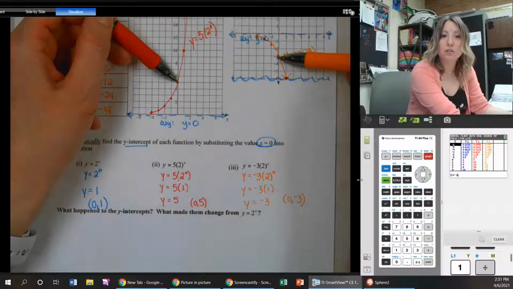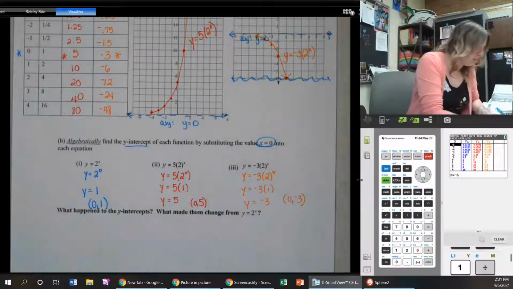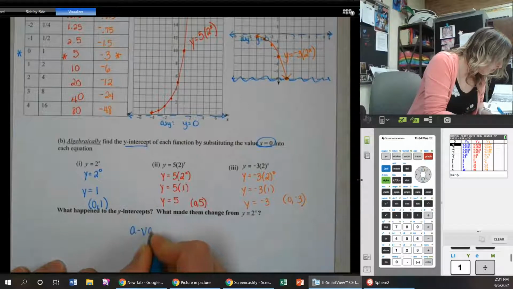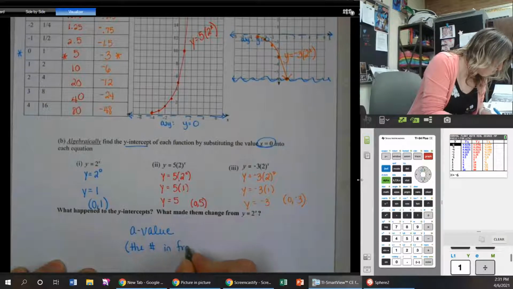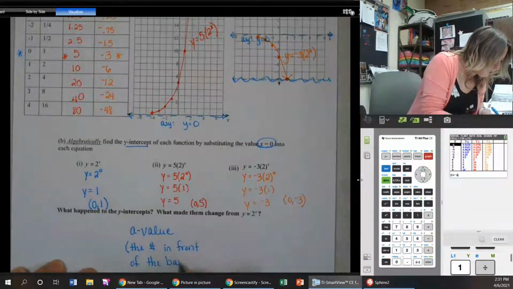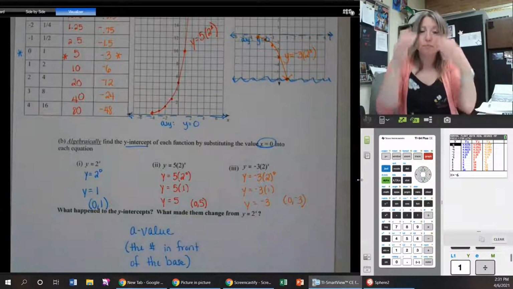Okay, those are the correct y-intercepts. So what made these change? The a value, the value in front of the base. And remember, the base is always that number being raised to the power.